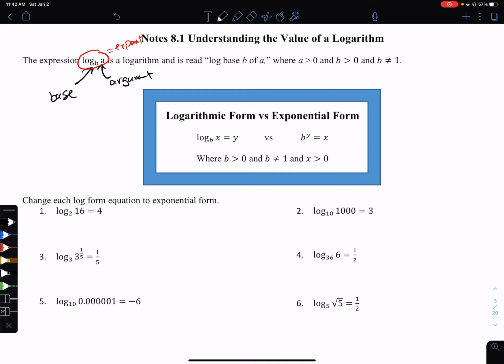So just some quick examples. Change each log form equation to exponential form. So this one here would be the base of 2 raised to the exponent equals the argument. Number 2 over here to the right, you take the base raised to the exponent equals the argument.